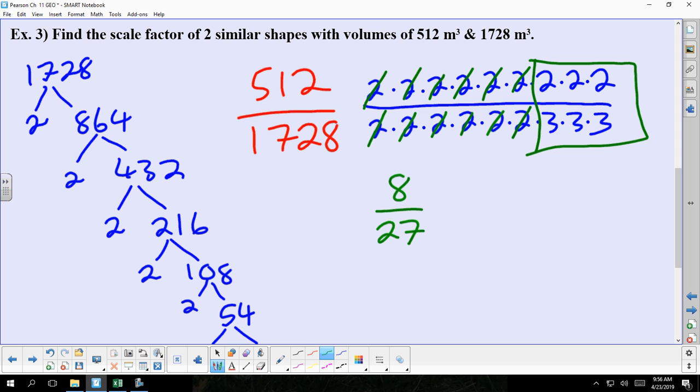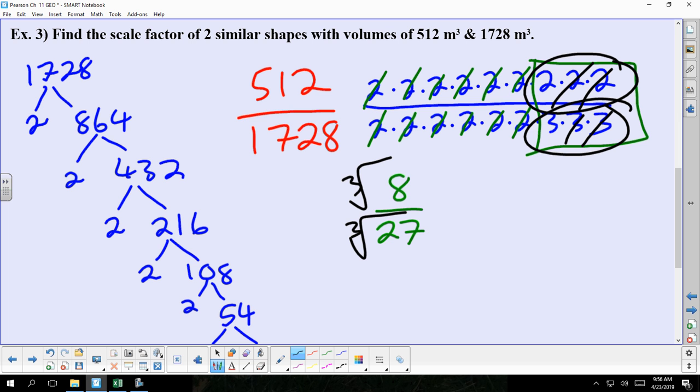So cube root, just like square roots, instead of needing a pair, a match of 2, to come out, we need 3 that match to come out. So taking the cube root of each of these, 2 will go away, and the scale factor is 2 over 3. The cube root of the ratio of the volumes is going to be our scale factor.